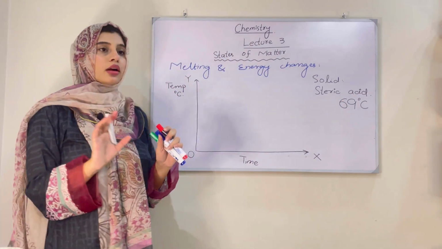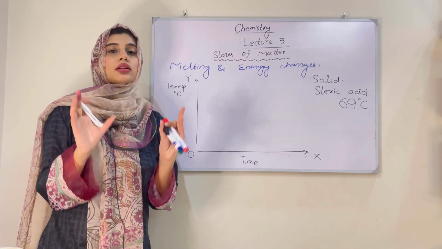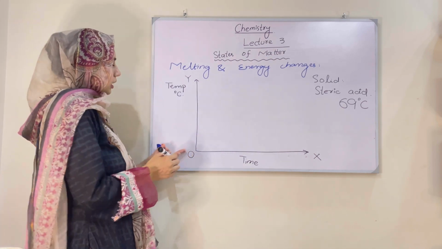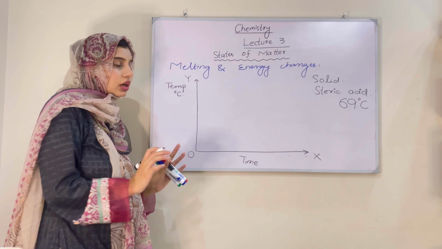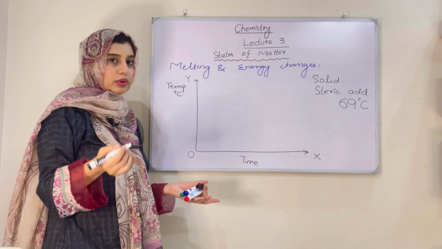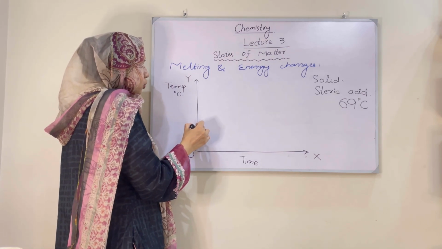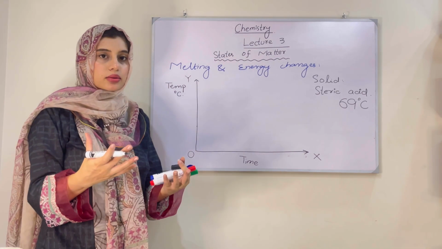So we have stearic acid and we are going to start the process at room temperature. This is the zero origin, so somewhere here will be our room temperature, and the process is going to start here. We are providing heat.